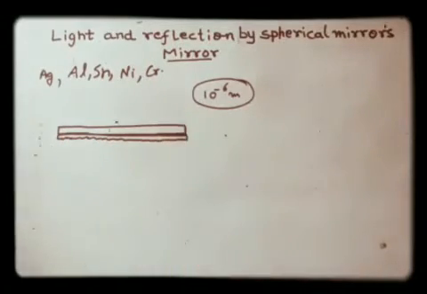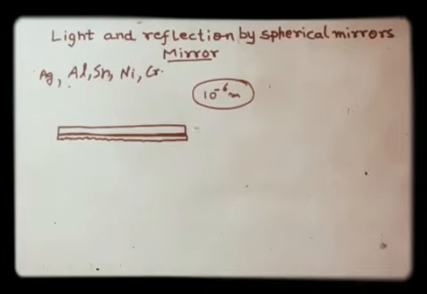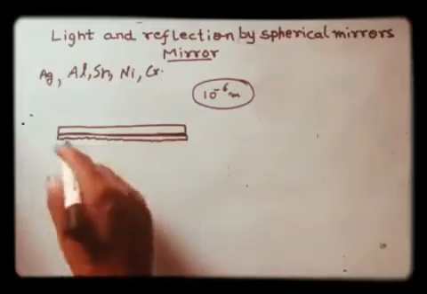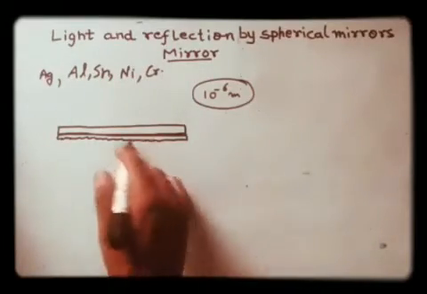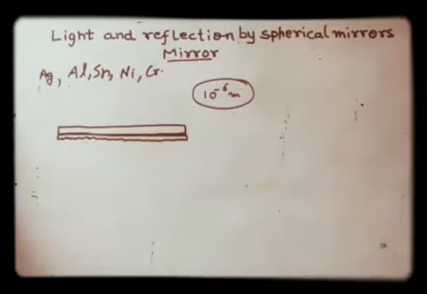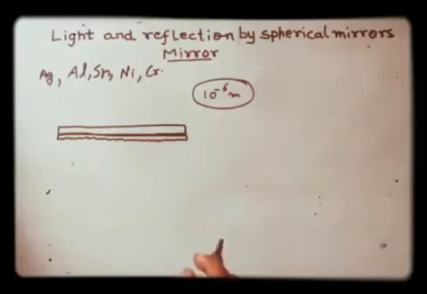This is how we form a mirror. So actually that metallic thin film or metallic lining acts as a mirror, and that glass sheet protects it. That back painted surface also protects this metal lining. All right, so this is what a mirror is.